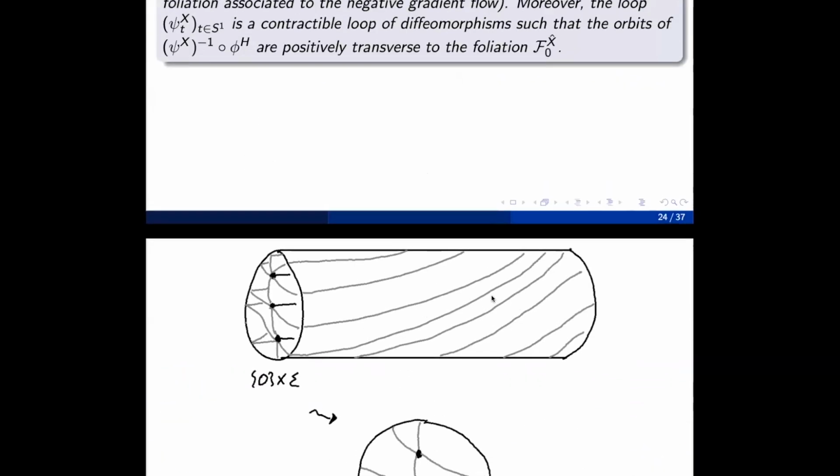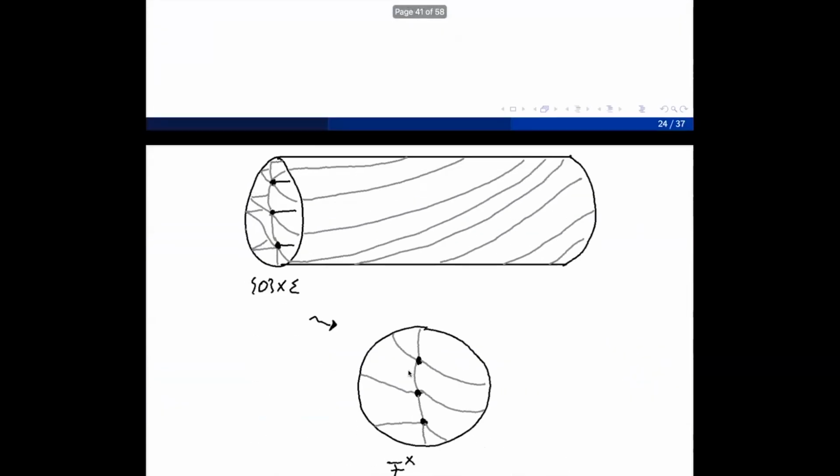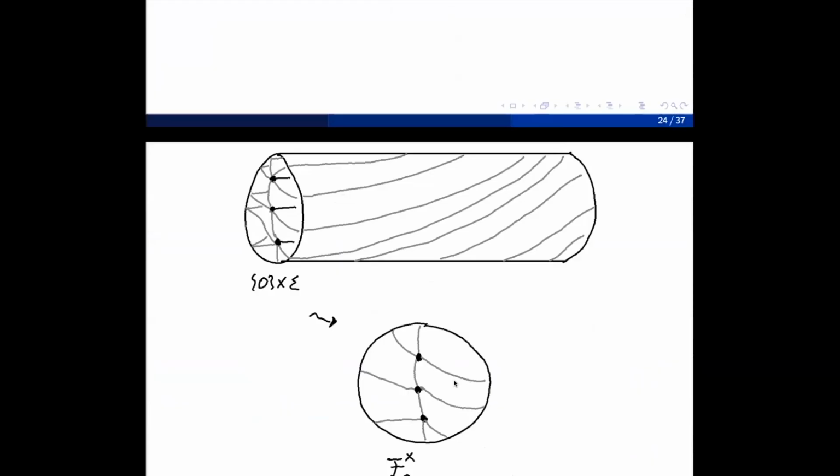Let me just say that you also get that this Calvez-type foliation on your surface is actually a Morse-type foliation. That is to say, there is a smooth function whose critical points correspond, with the correct indices, to these singular points, and the foliation is a negative pseudo-gradient flow for that Morse function.